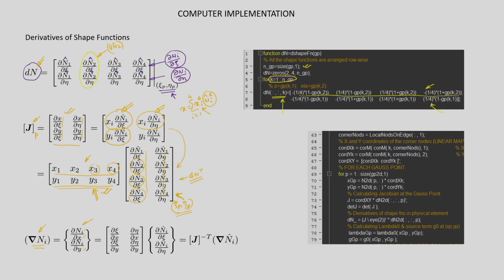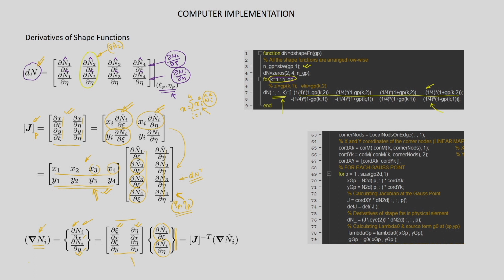Now, del Ni del x has been written as del Ni del xi del xi del x plus del Ni del eta del eta del x. So, the product of this row and this column gives us the first entry, and the second row and this column gives us the second entry.